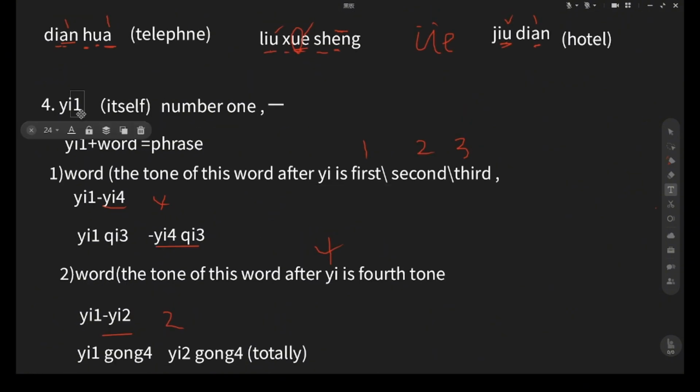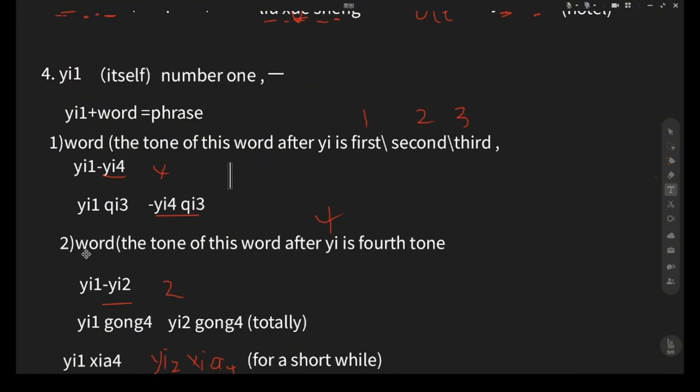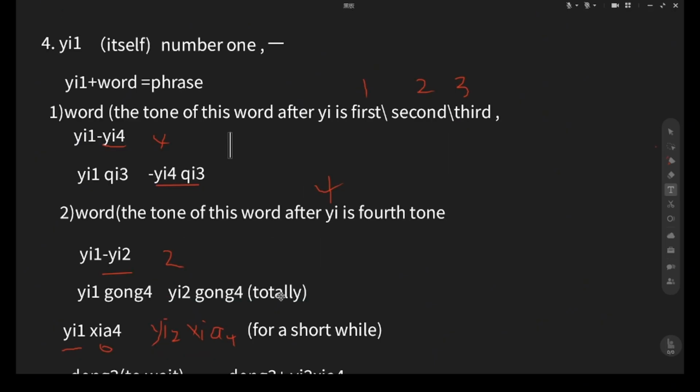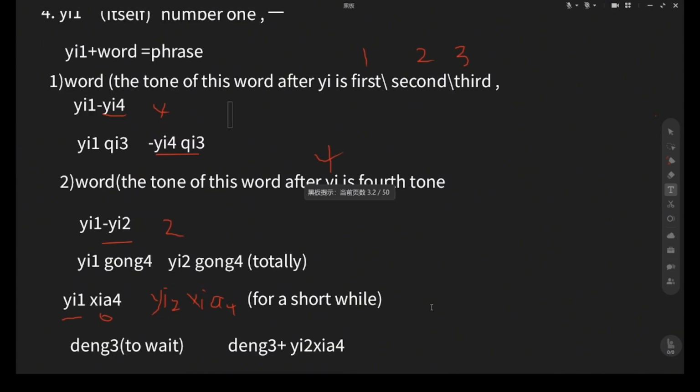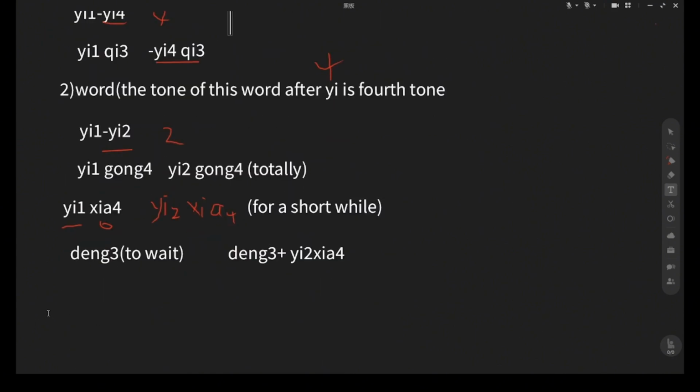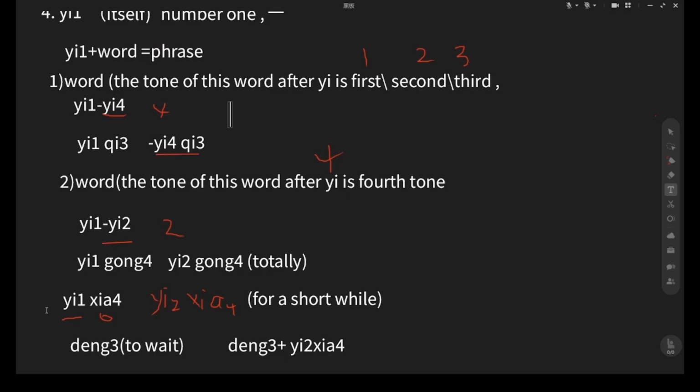The self sound of 一 is yī, flat tone, right? Number one. And if the tone of the word after 一 is first, second, or third tone, then 一 changes to the fourth tone, right? And if the tone of the word after 一 is the fourth tone, then we change this 一 to the second tone, right? So try to remember this rule, okay?